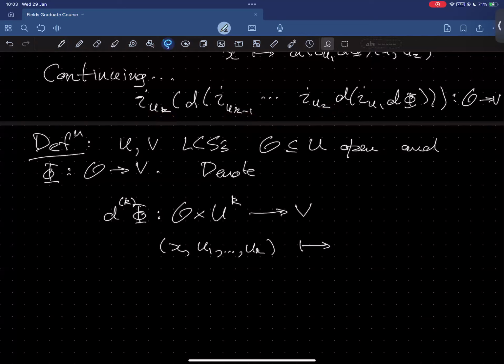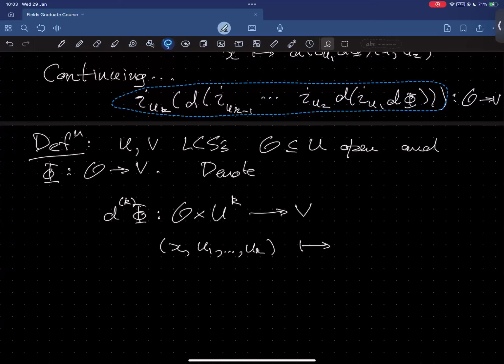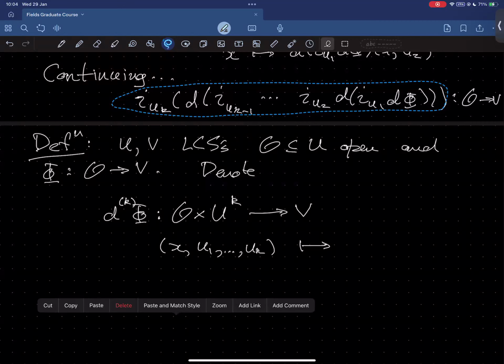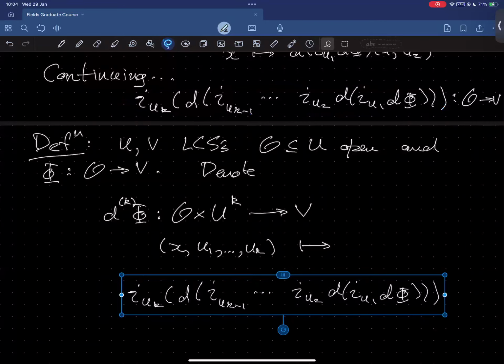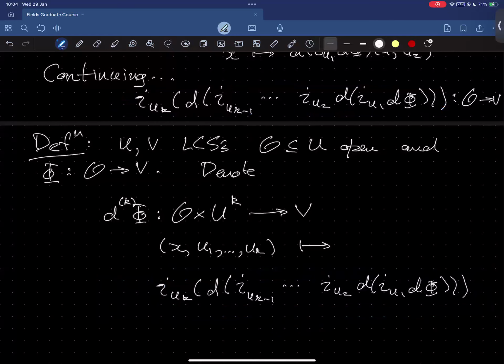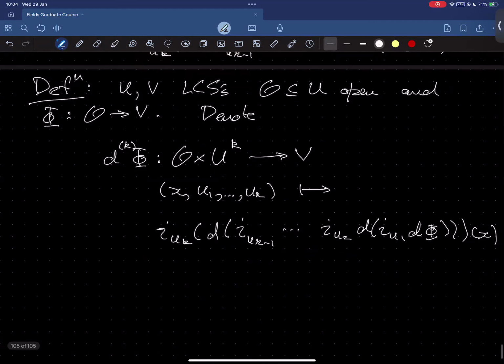So I'm going to copy that, of X. At this point, I don't know if any of this makes sense, and so I'll just write when this is defined.